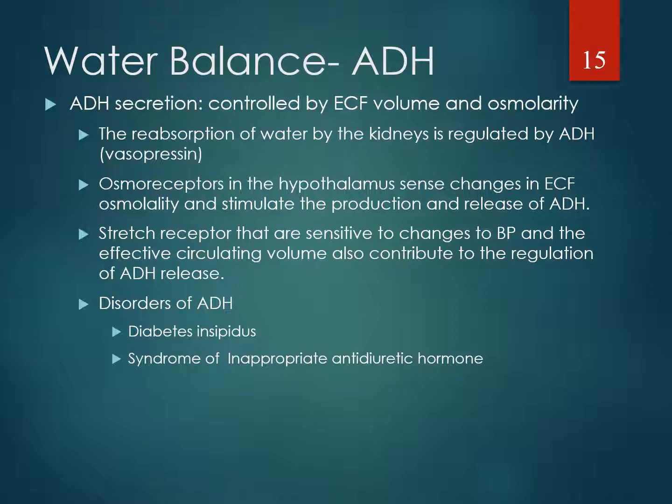Osmoreceptors in the hypothalamus sense changes in the extracellular osmolality and stimulate the production and release of ADH. A small increase in serum osmolality of 1% is sufficient to cause ADH release.